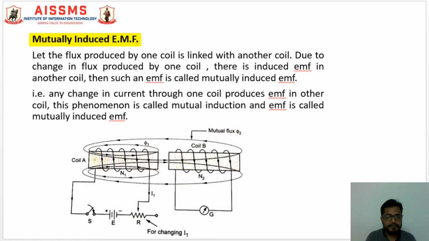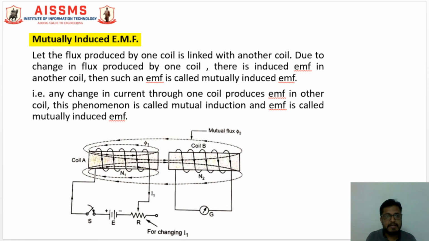Now observe this coil A. One switch, one battery and one variable resistance are connected in series with coil A. And for coil B, there is a galvanometer to read the current flowing through coil B. Now when this switch is closed, current I1 flows through coil A. It produces flux phi1 in coil A. A part of this phi1 flux is also associated with coil B. Let that part be phi2, and this flux is called mutual flux.